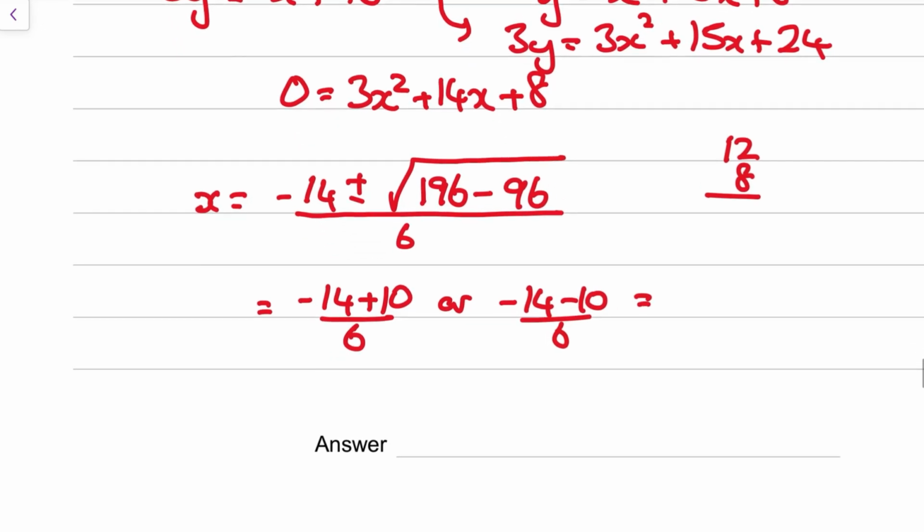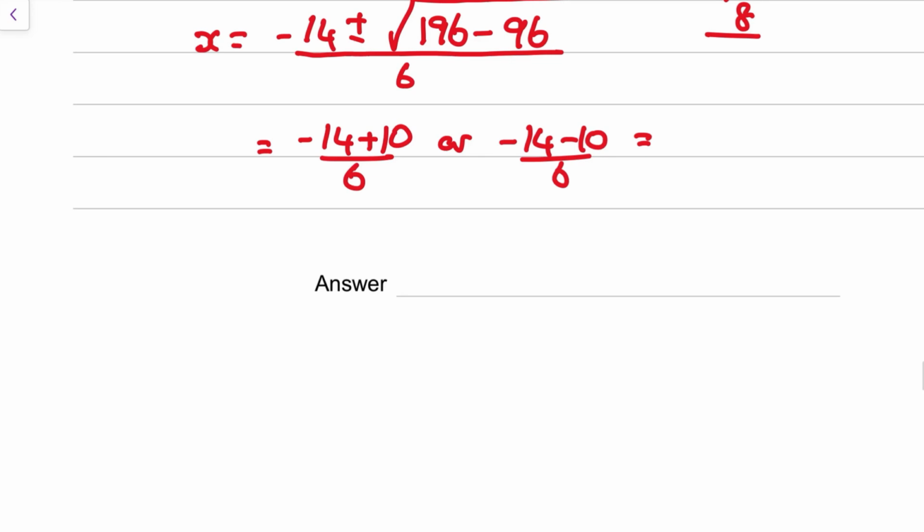Minus 14 plus 10 is minus 4, divided by 6 is minus 2/3. And minus 14 minus 10 is minus 24, divided by 6 is minus 4. We already have that one, so my answer is x equals minus 2/3.